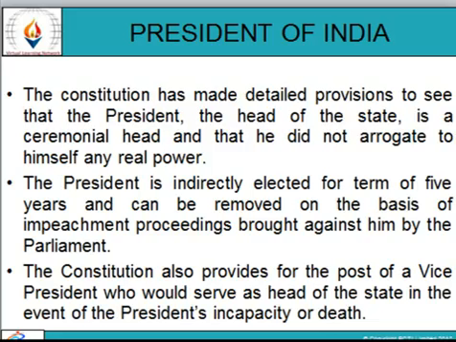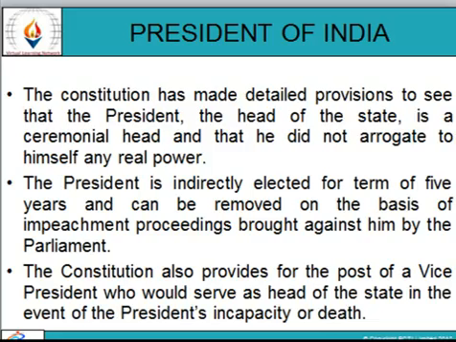The Constitution has made detailed provision to see that the President, the head of the state, is a ceremonial head and that he did not arrogate to himself any real power.